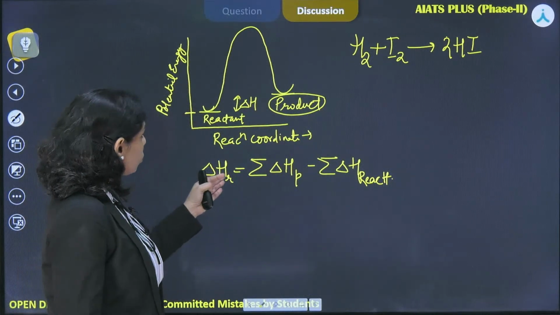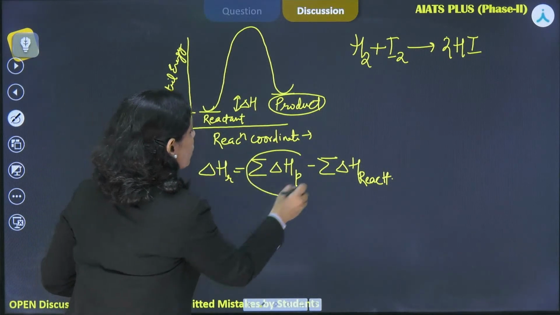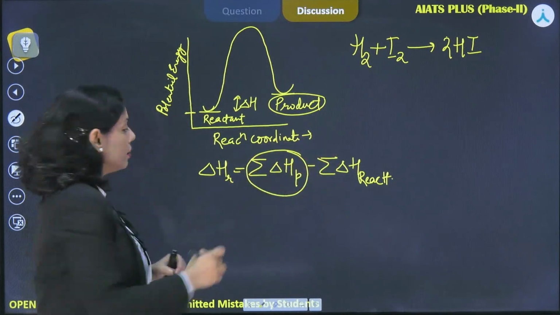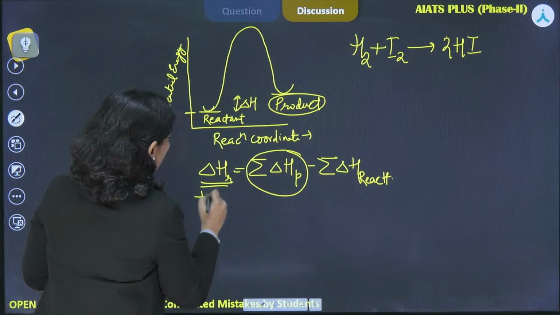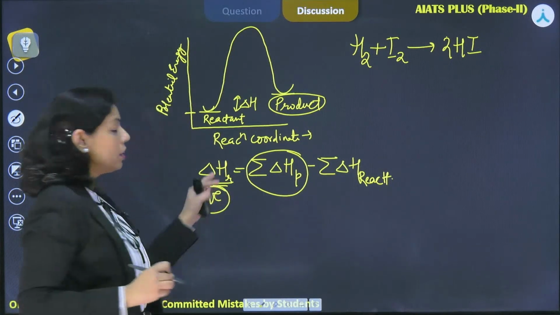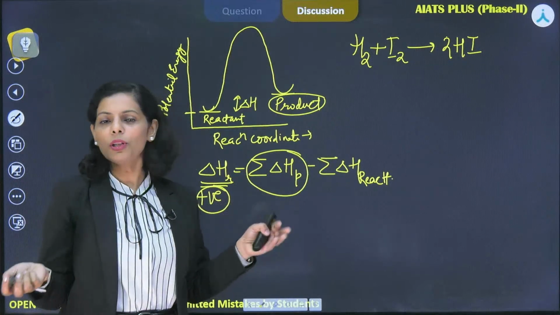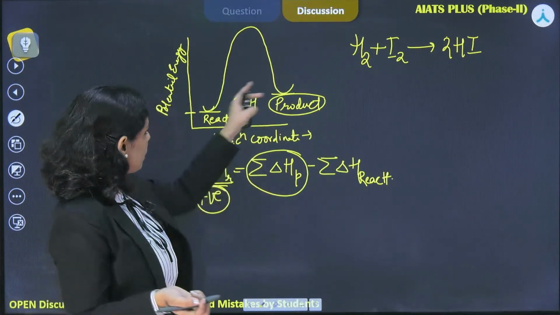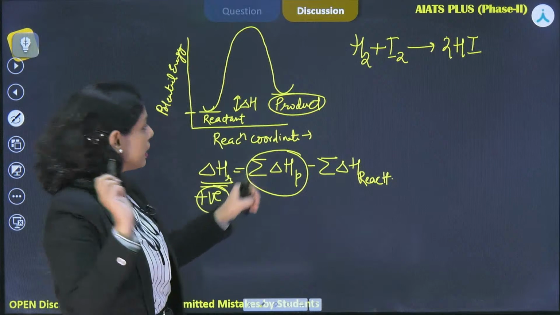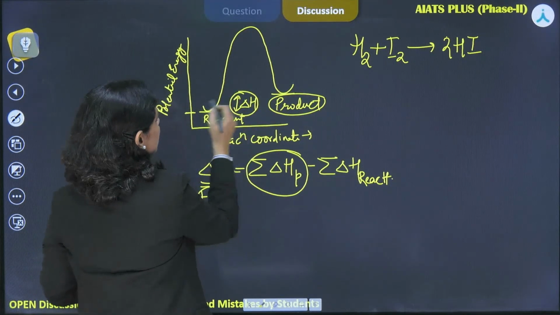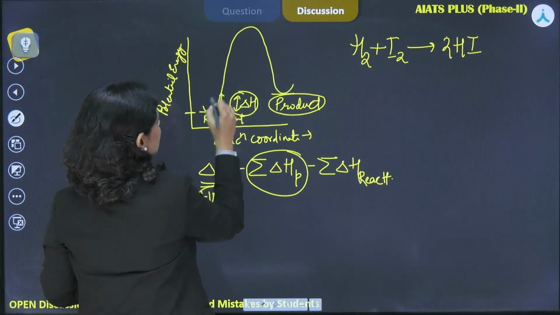And in case of an endothermic reaction, as the enthalpy of the product is higher and the enthalpy of the reactant is lower, this value would be positive. And a positive value of the enthalpy of reaction represents an endothermic reaction, right? So this is observed from the graph as well. Now, this much of the energy is representing the reaction enthalpy.